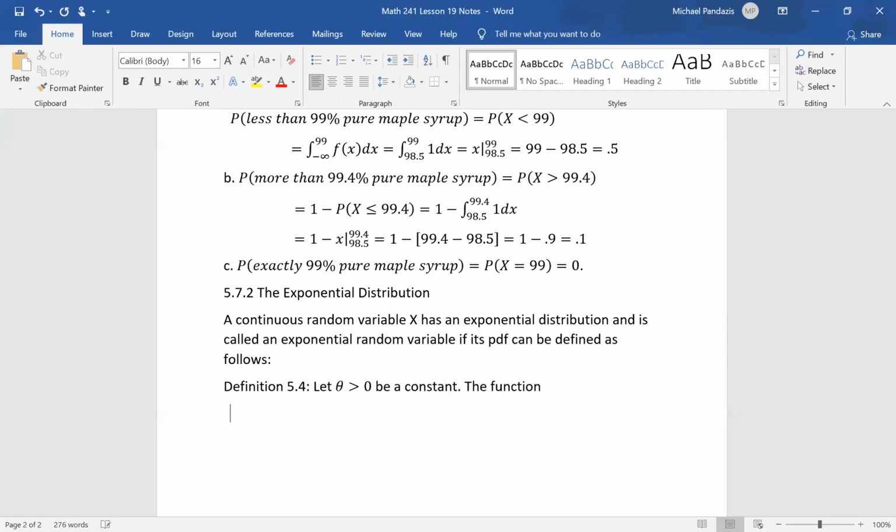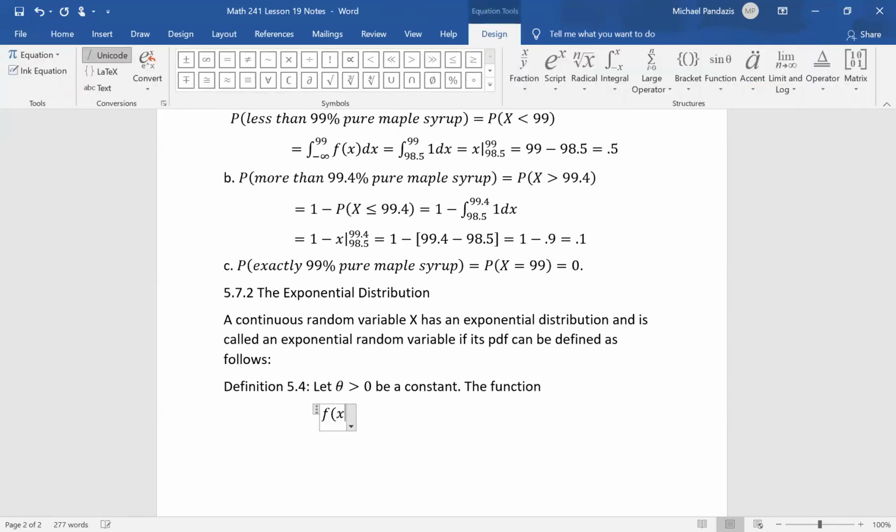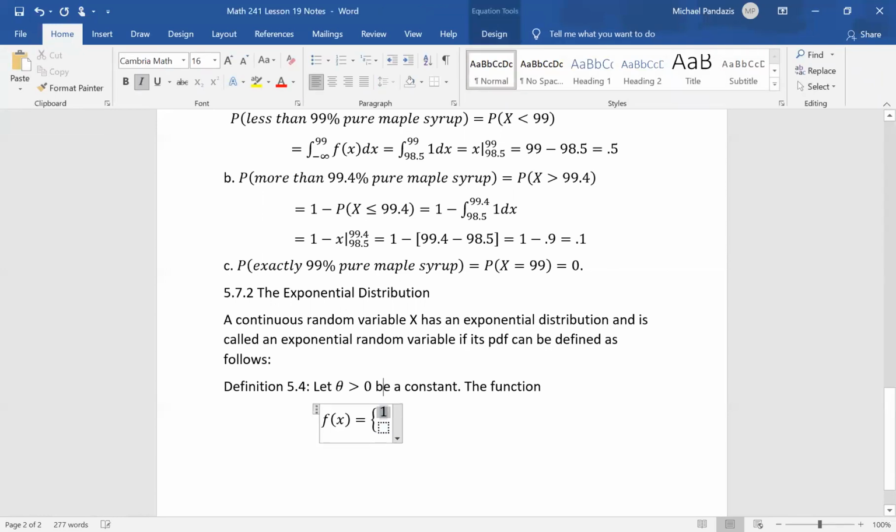The function f of x is equal to one divided by theta, e to the negative x over theta, for x positive, and 0 elsewhere.